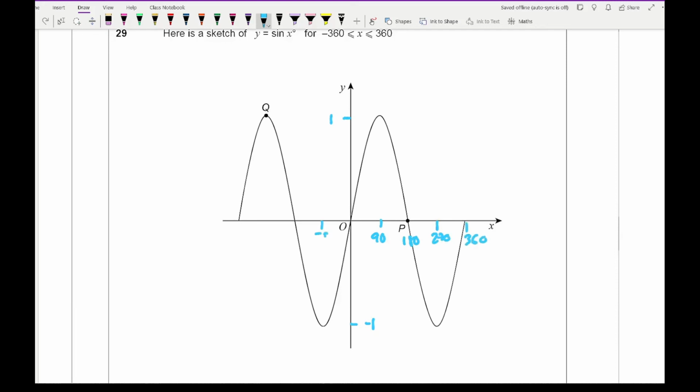So that's at minus 90, that's at minus 180, that's at minus 270, and that's at minus 360. So here P is going to have a coordinate of 180 and 0, and Q is going to have a coordinate of minus 270 and 1.